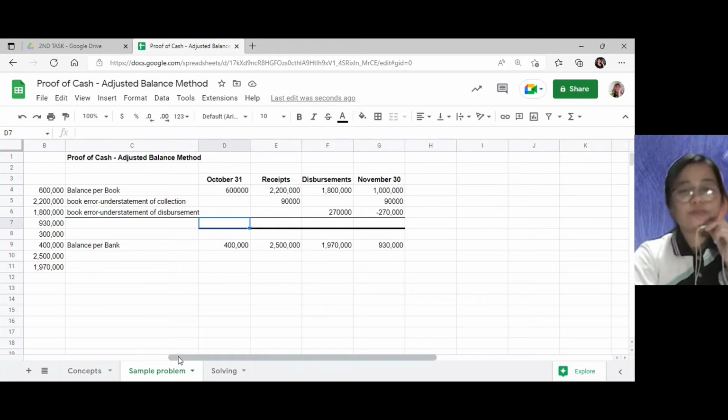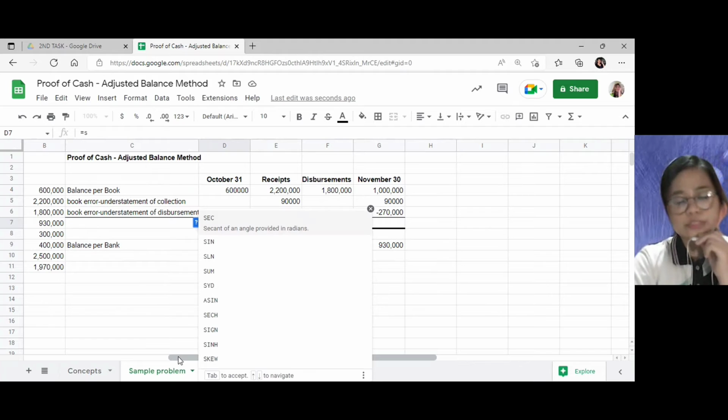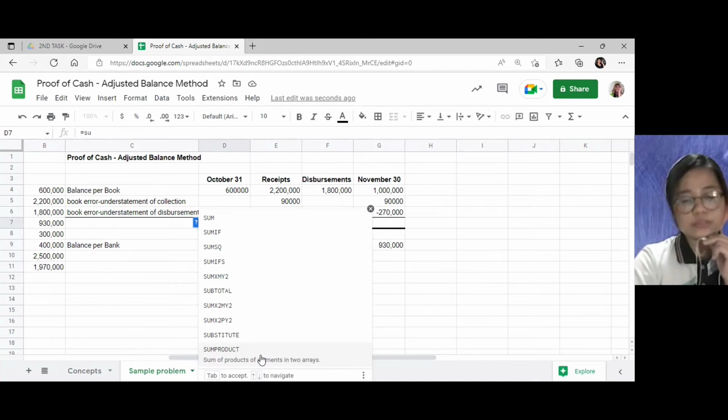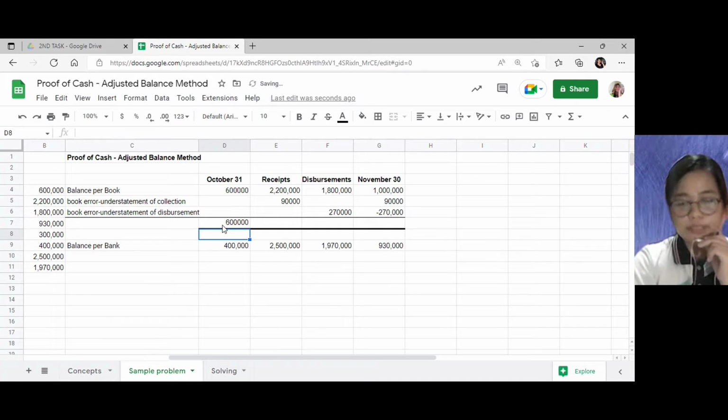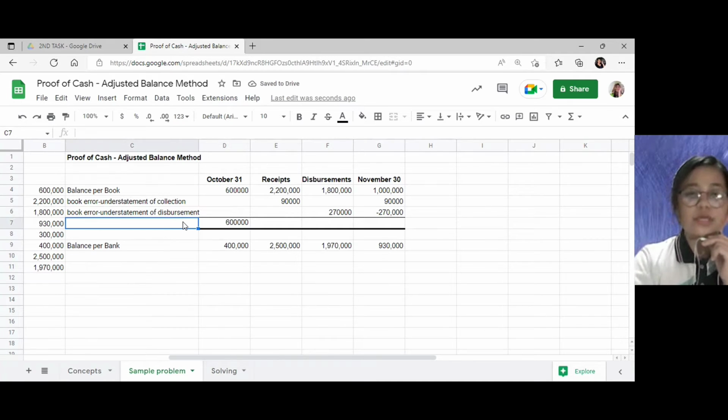Now, what is the effect of this 270,000? Take note that our disbursement, which is 1,800,000, with this book error, is short by 270,000. So we have to add back that 270,000 to your disbursement. I guess there are no other reconciling items from our book.